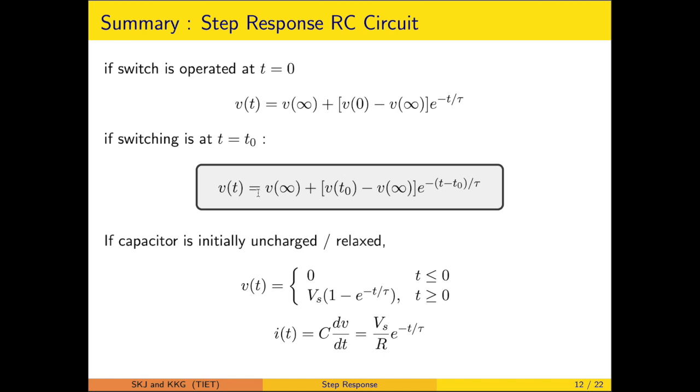That gives the arrangement V of t is equal to V infinity plus V of t0 minus V infinity multiplied by e to the power minus t minus t0 upon tau. The negative sign which appears has to be accounted for likewise.